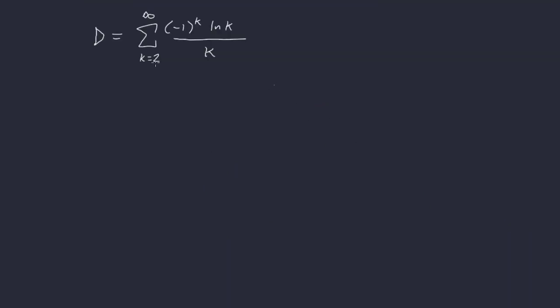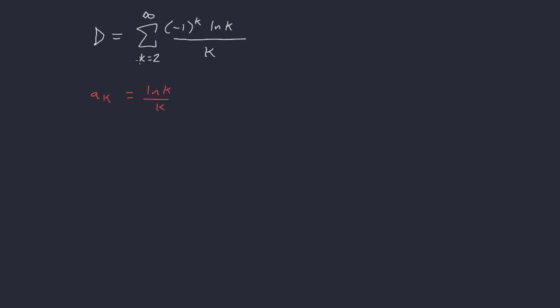Okay, so for our next example, let's look at the series k going from 2 to infinity of -1 raised to the k of the natural log of k over k. All right, well, our alternating part, so our AKs are this ln k over k.